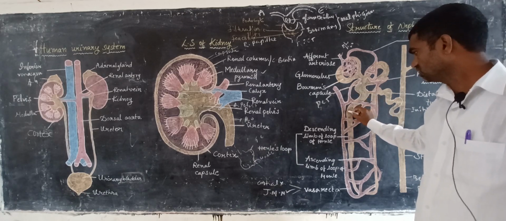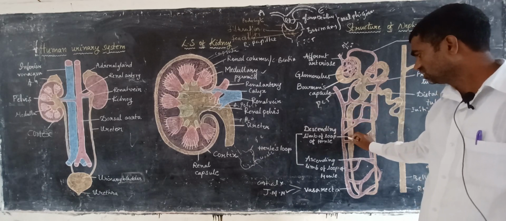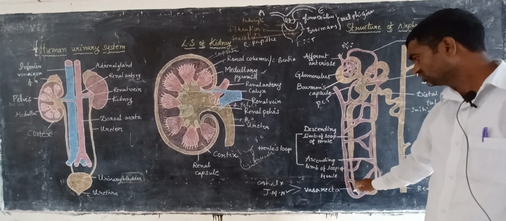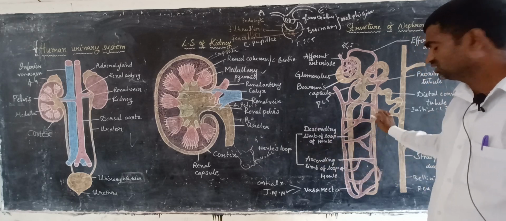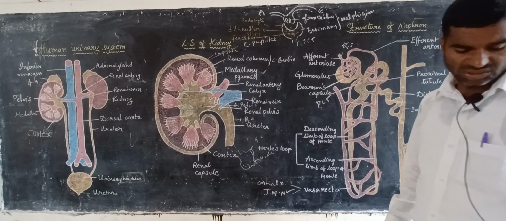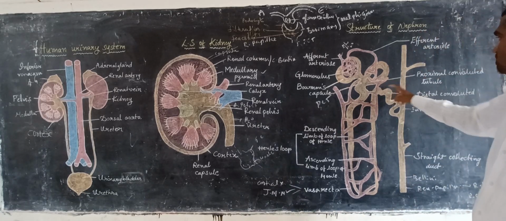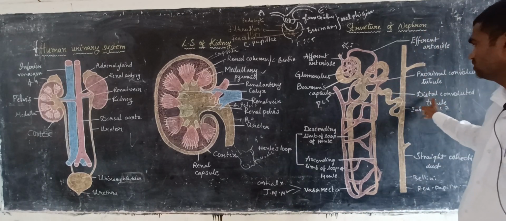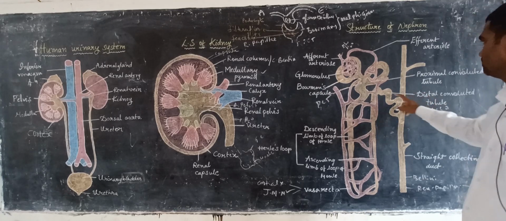The extending region supplies the H2O molecules through the descending and ascending limbs. Likewise it reaches the DCT, the distal convoluted tubule.